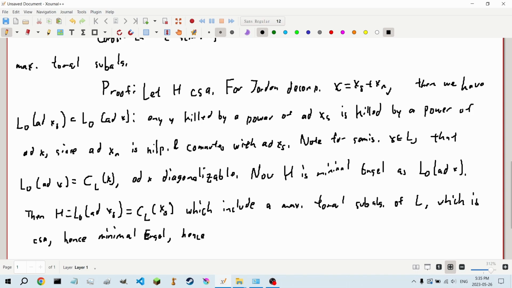Hence H as a whole must be a maximal toral subalgebra.